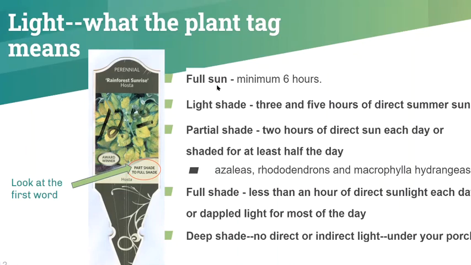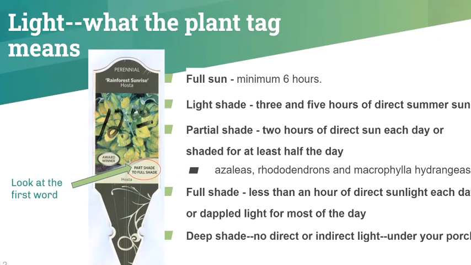Full sun means a minimum of 6 hours, and light shade means 3 to 5 hours of direct sun. And when they talk about 3 to 5 hours light shade, a lot of times they're talking morning sun, the east sun. It's not nearly as hot as it gets in the afternoon. And partial shade is 2 hours of direct sun or shaded for half the day.